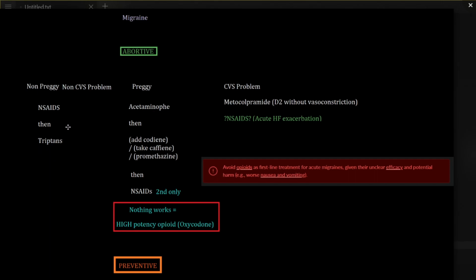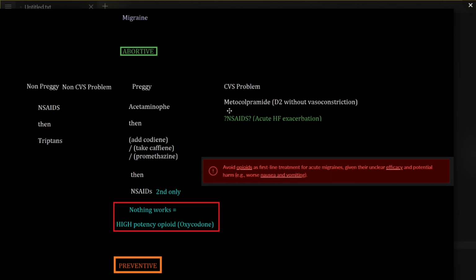Whether NSAIDs are first-line treatment or not depends on the cardiovascular problem itself. For example, we know that in acute heart failure, you don't want to give the patient NSAIDs because it's only going to exacerbate his condition. So the important thing in patients who have cardiovascular disease is that you are not going to give them triptans.